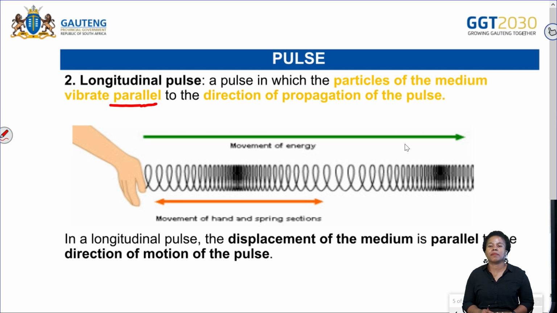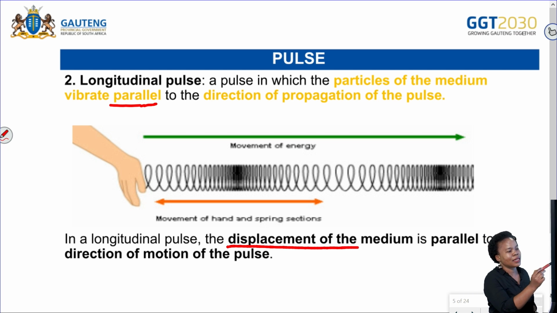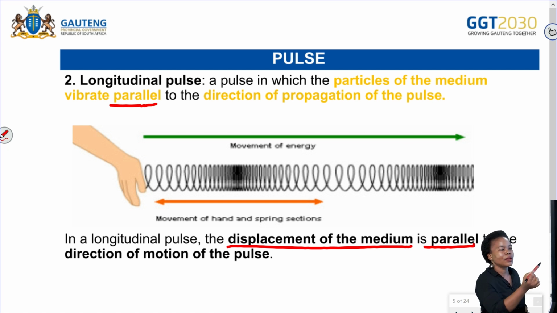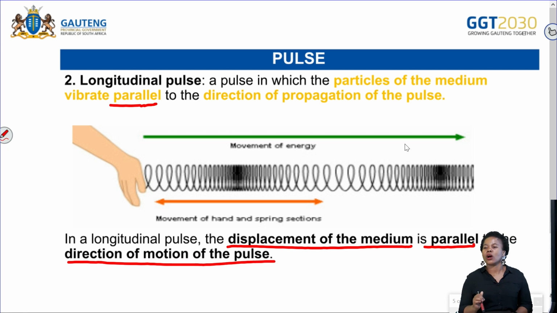Now, in a longitudinal pulse, the displacement of the particles of the medium is parallel to the direction of motion of the pulse. So that's how we can learn to differentiate between the two.